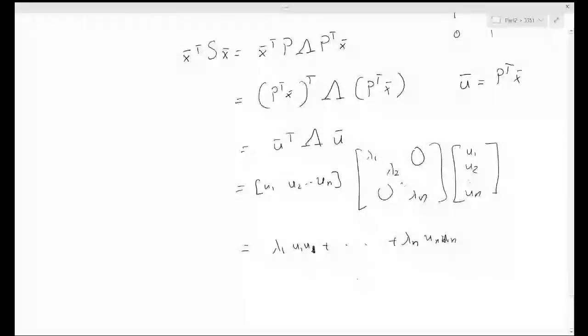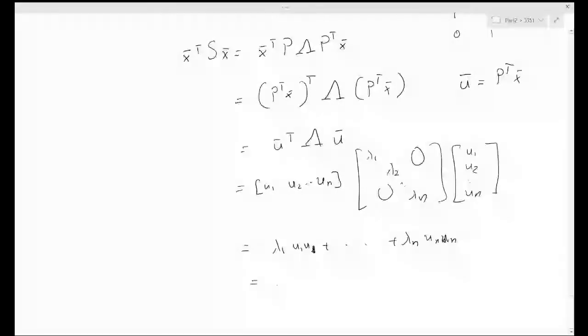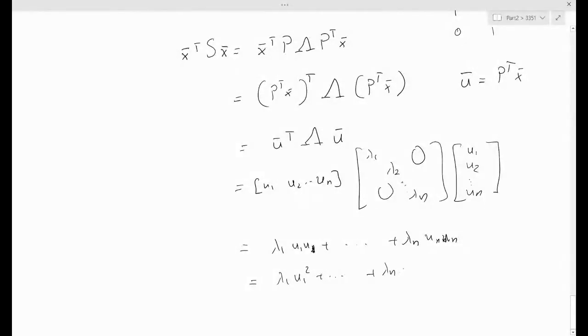And you all recognize this. So one of these eigenvalues is going to be maximum.